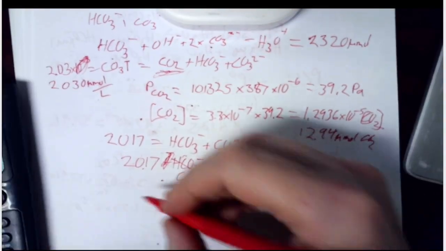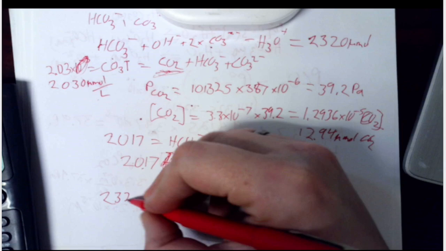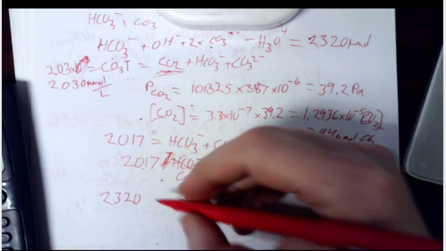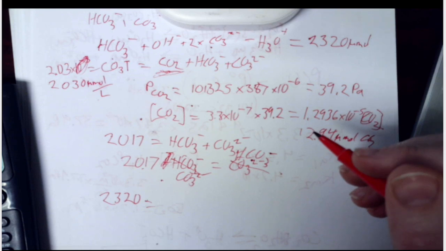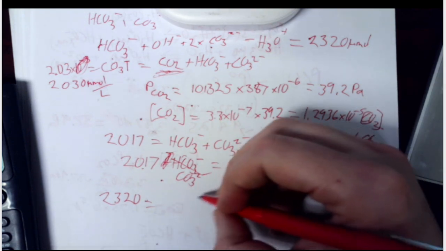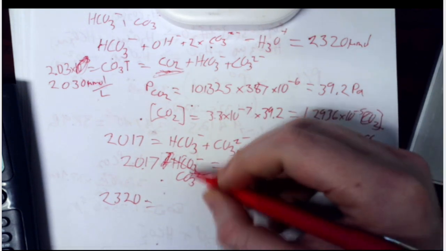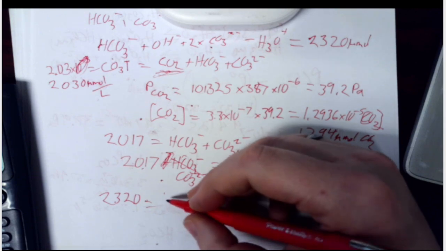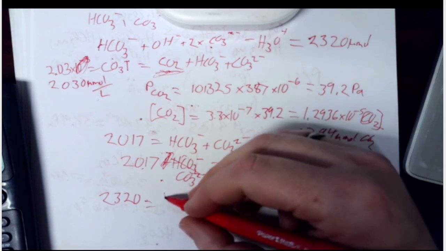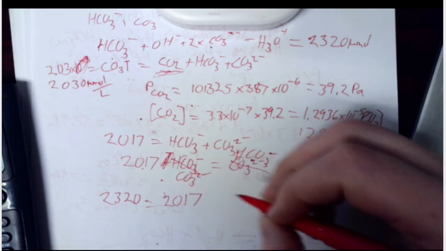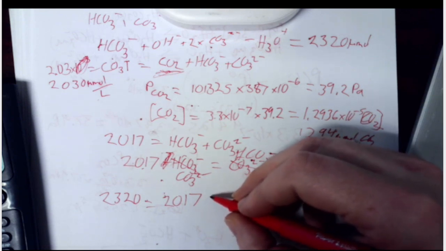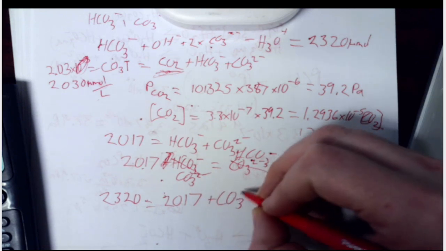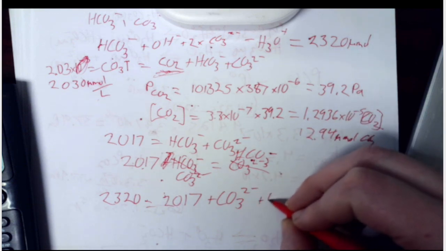You have 2320 equals, essentially, negative carbonate plus 2017 plus hydroxide.